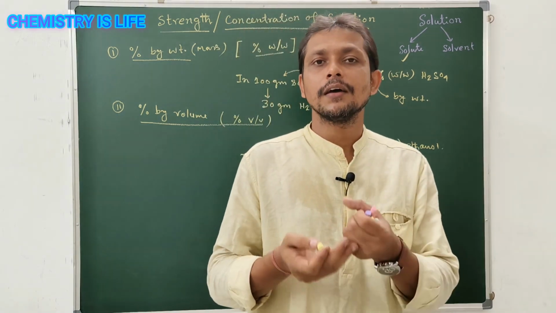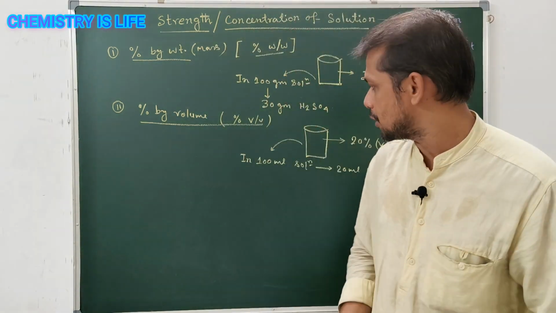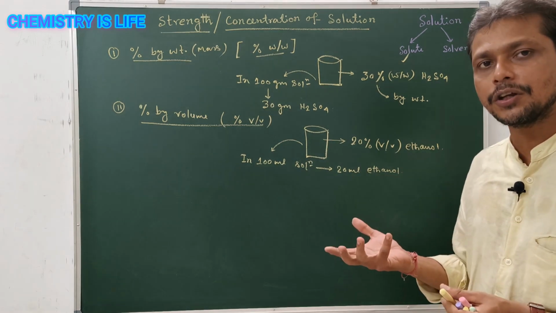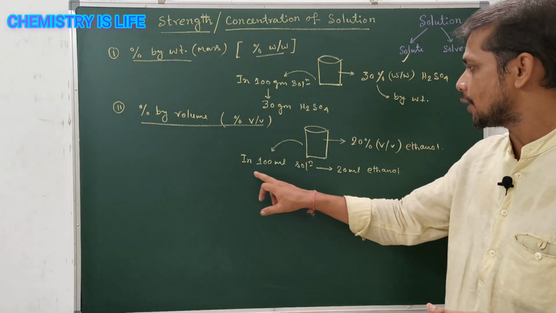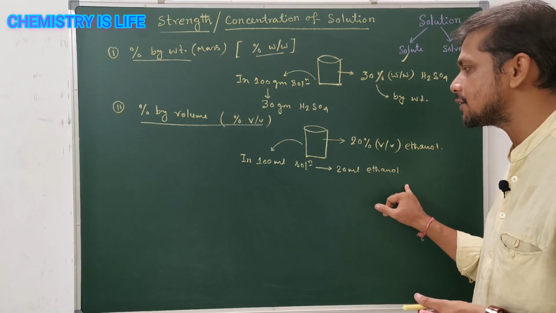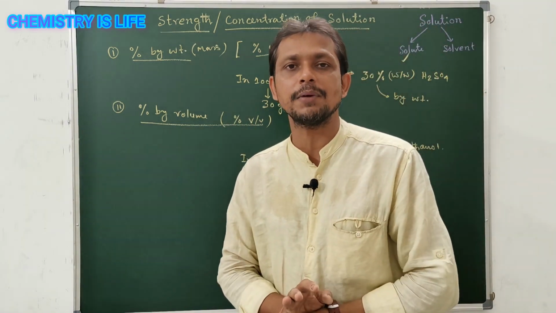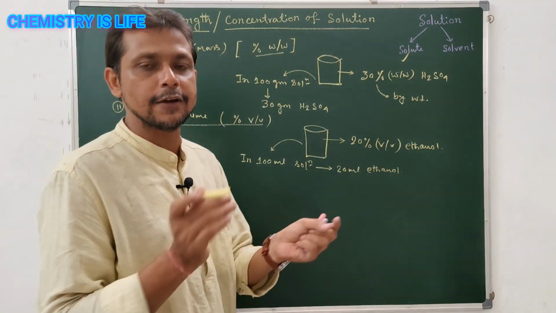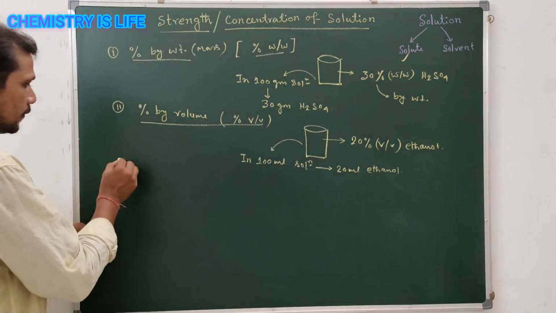So if it is written as 20% V by V ethanol in aqueous solution, then in 100 ml solution there is 20 ml ethanol, and the rest 80 ml is water. Okay, so it is mainly applicable for liquid mixture.